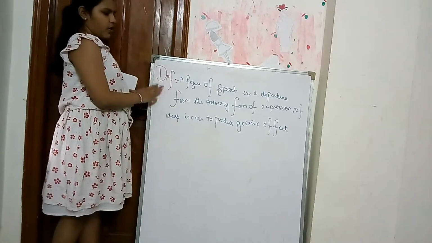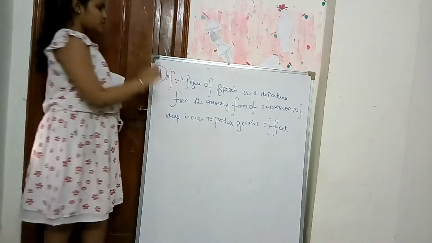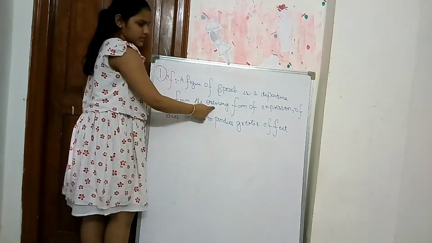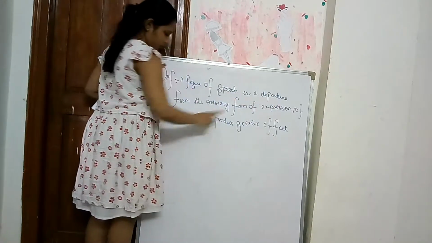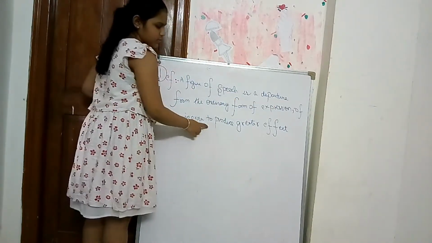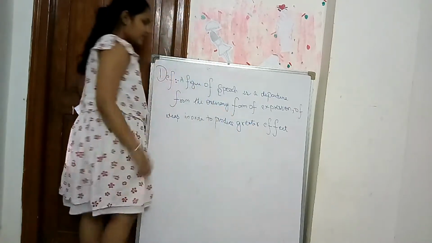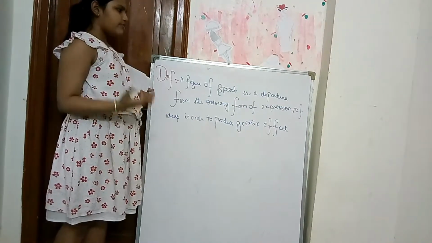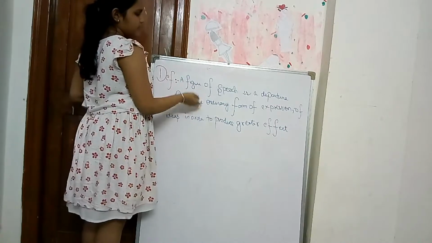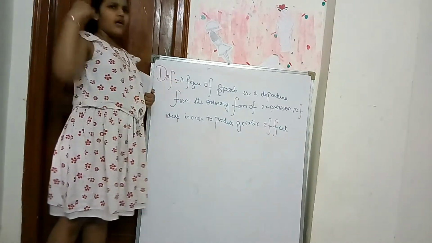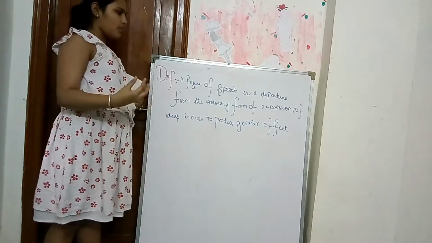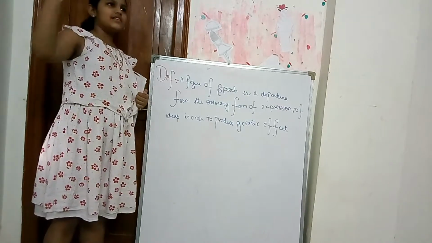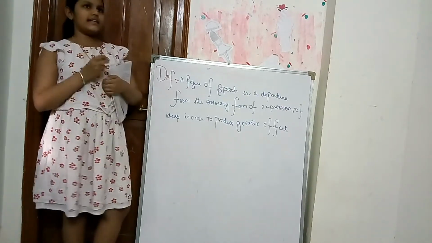Here's the definition of figures of speech. Let's read it out. A figure of speech is a departure from the ordinary form of expression of ideas in order to produce greater effect. That means a figure of speech is a departure from the ordinary way of expression of ideas to produce a greater meaning or effect.